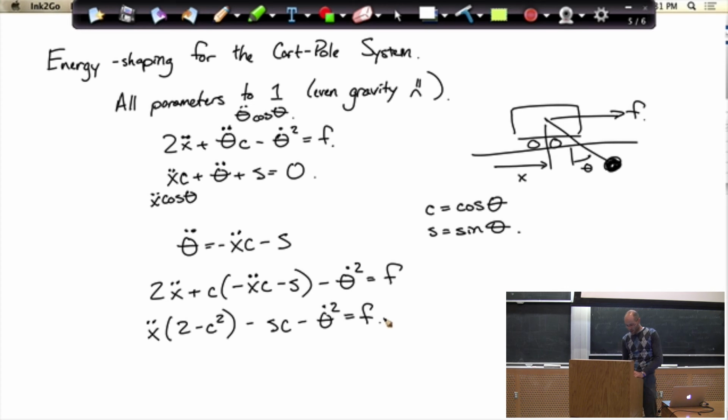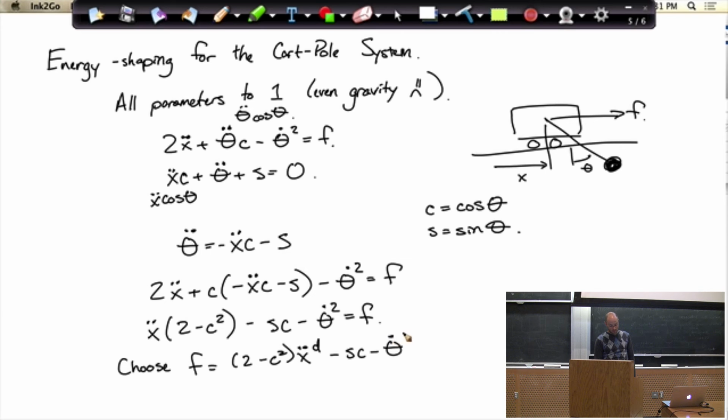Right? So if I choose, I can use that force to regulate exactly the acceleration of my cart. If I have a desired acceleration of the cart, I could choose my controller to be 2 minus c squared times x double dot desired, right? Minus sc minus theta dot squared. That's something I can do as long as I have running estimates, running measurements of the angle and velocity of the cart, and I have a desired x acceleration.